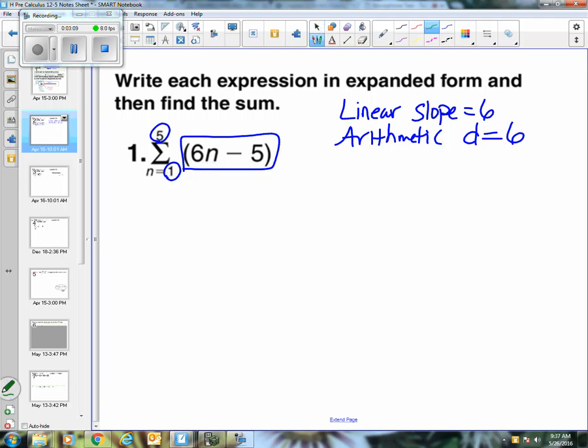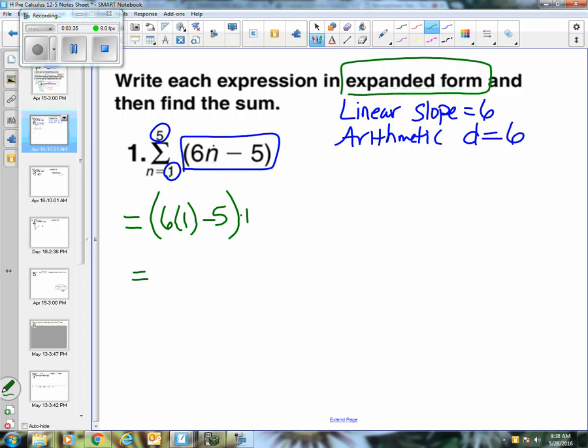It's that linear relationship. Okay, so we're going to do what's called expanded form first. What do you think of when you think of expanding? Things that are all spread out. We're going to write out all the terms. So how do I find A1 in this series? A1 is found by substituting a value of 1 in for n in my expression and simplifying. So 6 times 1 minus 5 would be A1.